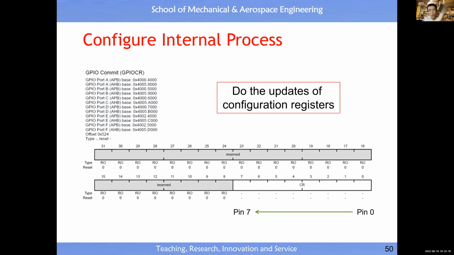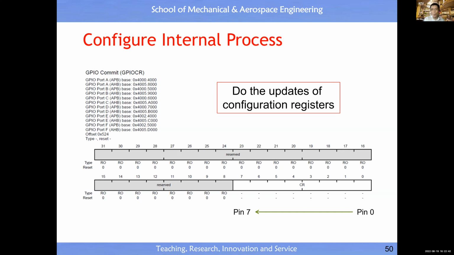And once you configure it, this is another safety measure to prevent hackers. Let's say people hack into your hardware through the internet and modify your configuration, making your system unreliable. How to prevent that? So you have a lock mechanism, right? Once you write something here, then you do the update. You show your intention.